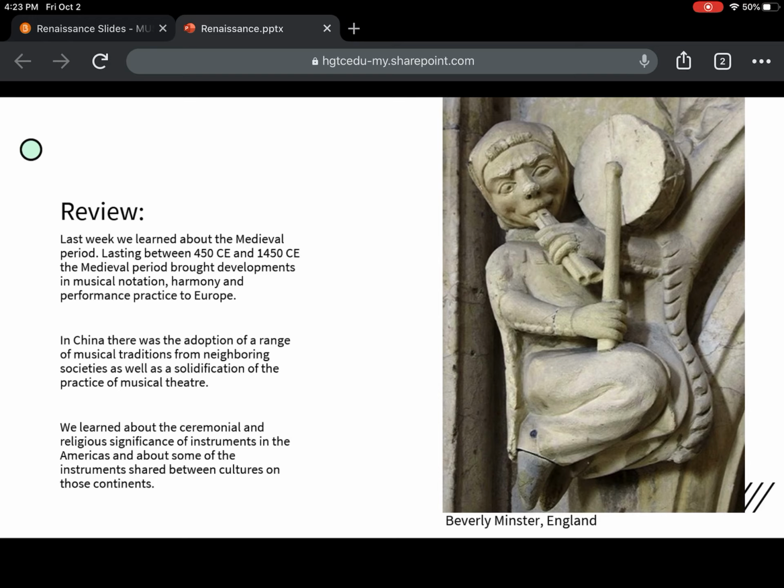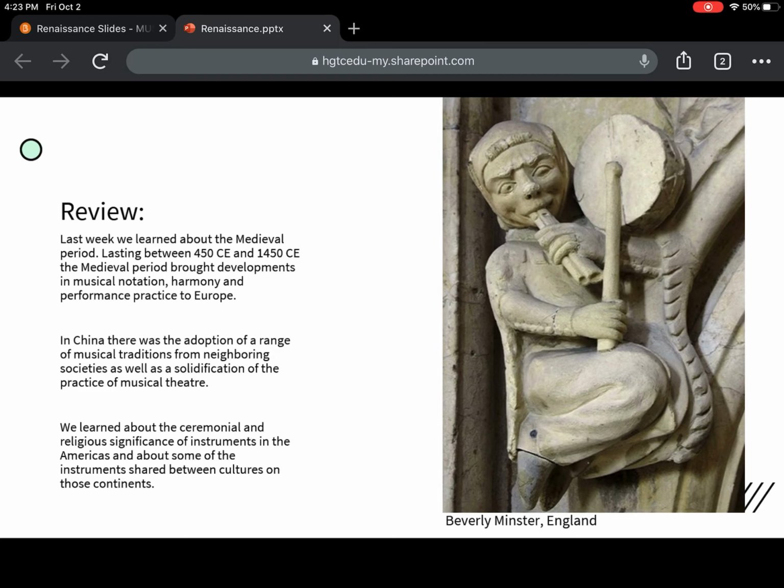And performance practice. So we talked about the difference between the secular church vocal, mostly music, and then the more instrumental troubadour style music. We talked about what was going on in China and how they were adopting traditions from their neighboring nations.